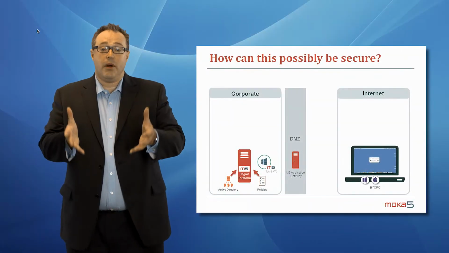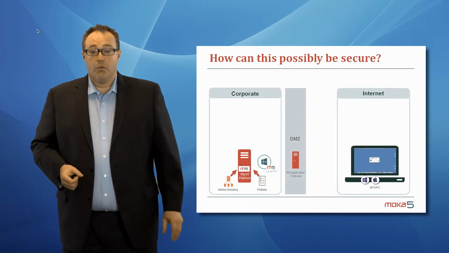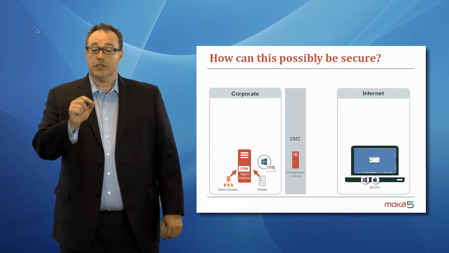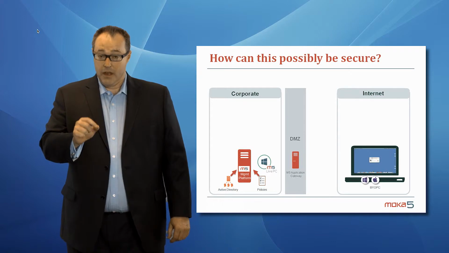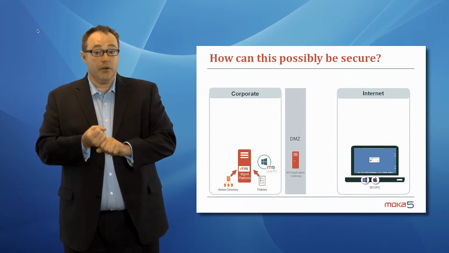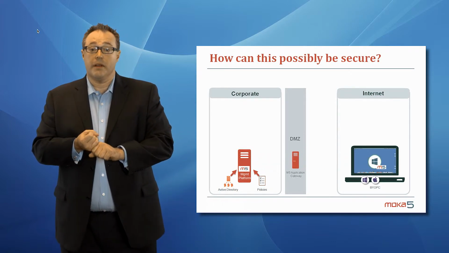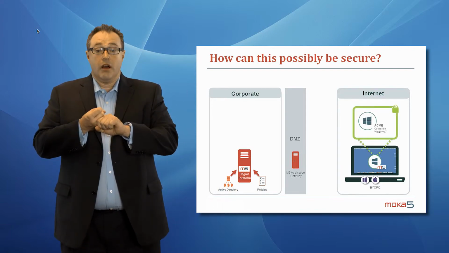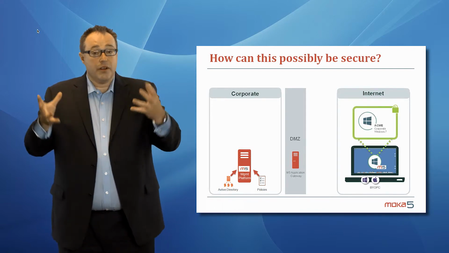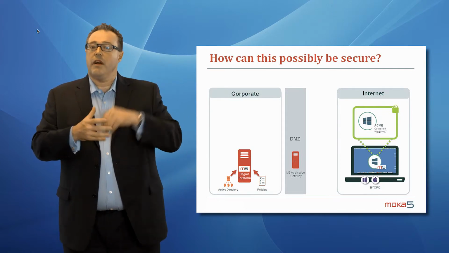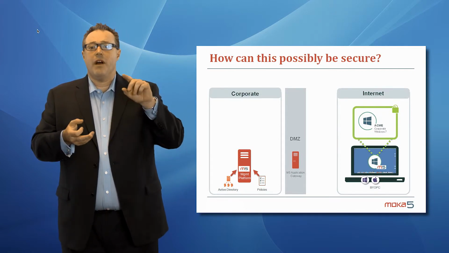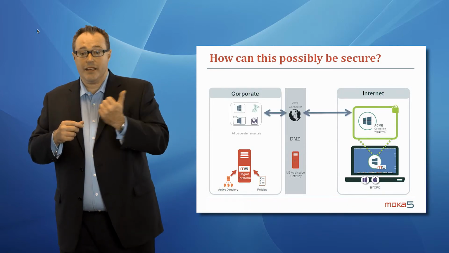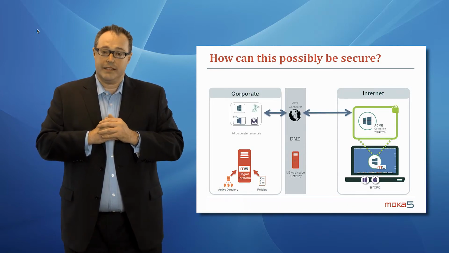So how can this possibly be secure? Well, the key point is we never allow a BYO machine onto the corporate network. Provisioning happens off network. Here you can see the container being copied down into the ether. Then we run off network. So even if you're in a corporate office, you're on a guest Wi-Fi with the host. Then the container, which is secure and controlled, connects back in via tried and tested methods.